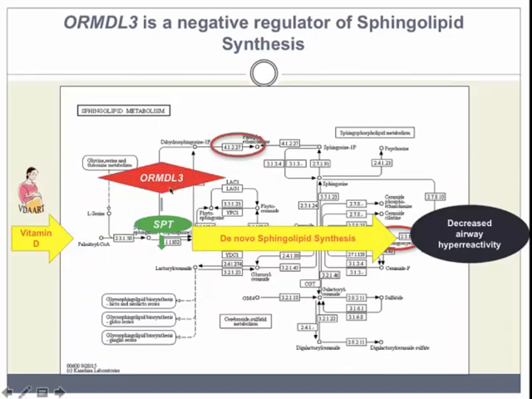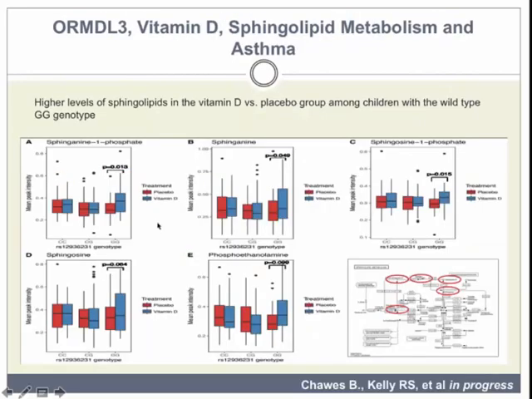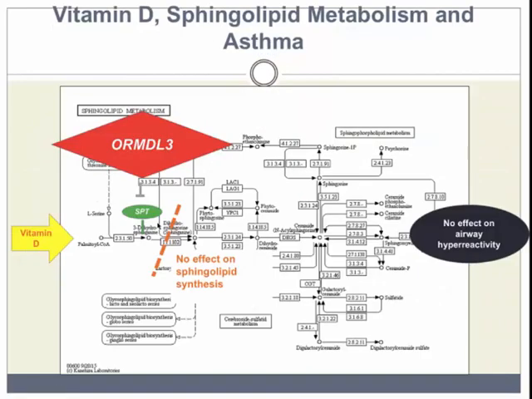We have ORMDL3 here. And what we see, I'm going to skip to this slide really quickly, is that ORMDL3 stops this production when we have 2 copies of the risk allele, and it doesn't really matter how much vitamin D you get, this pathway is shut down. But if you have any copy of the wild type allele, this does not happen.